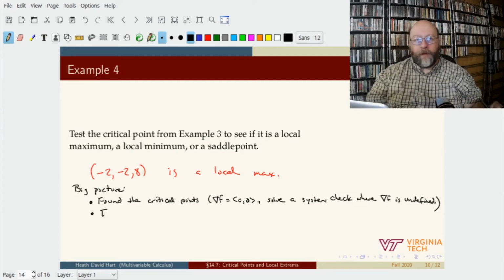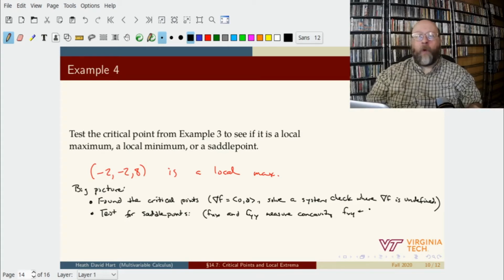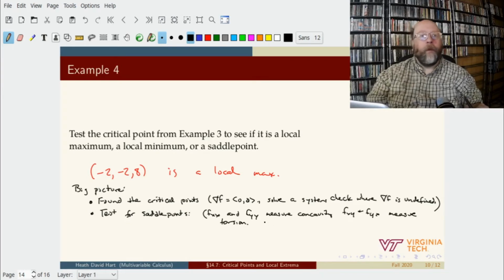Then we had to test for saddle points. Fxx and Fyy measure concavity. Fxy and Fyx measure torsion. Which one is stronger?